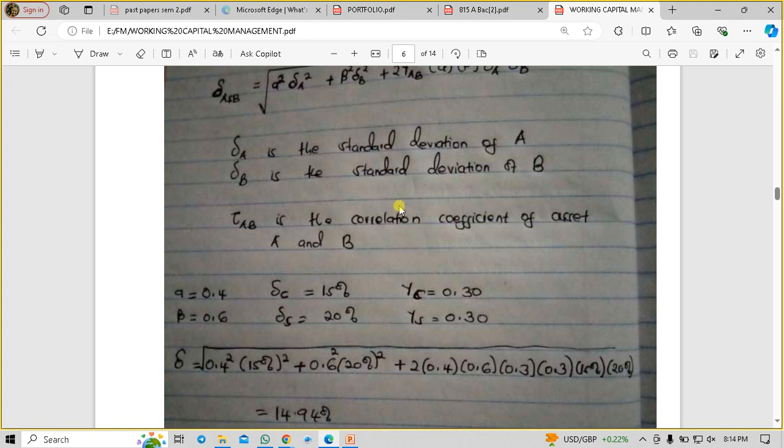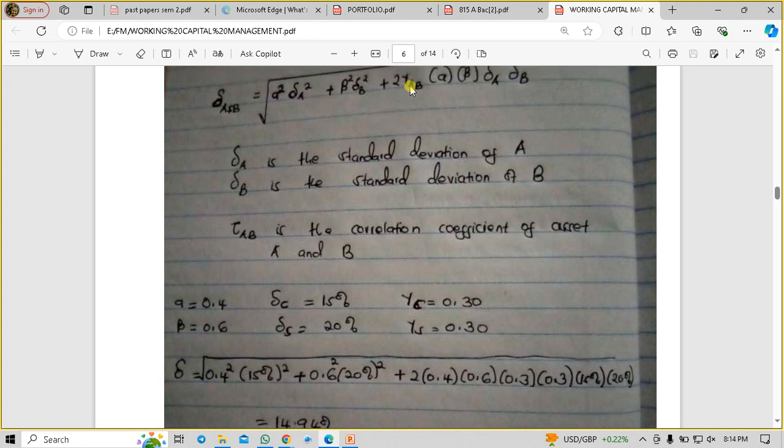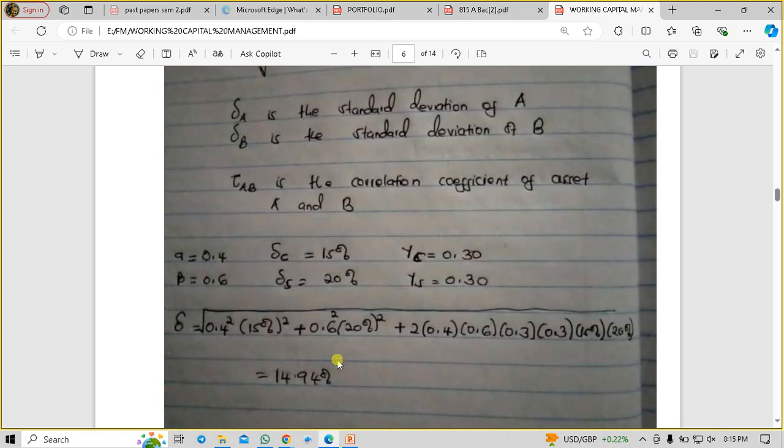2 times correlation, we were given as 0.3, and here I separated the correlation. You're not supposed to separate. So I used 2 times alpha times beta. Alpha is 0.4, 0.6. Here, ensure that the correlation coefficient is just 1. So put 0.3 and then times the standard deviation, 15% and 20%. Then you get the square root. So here I think I just wrote it.